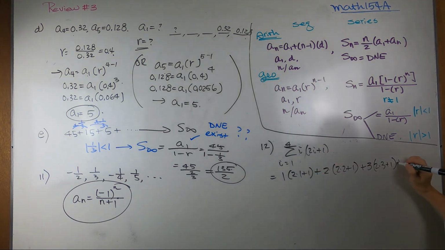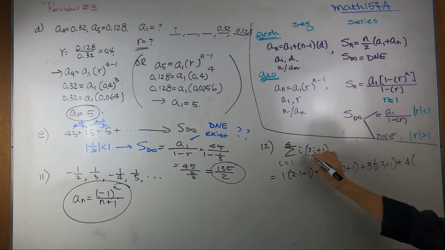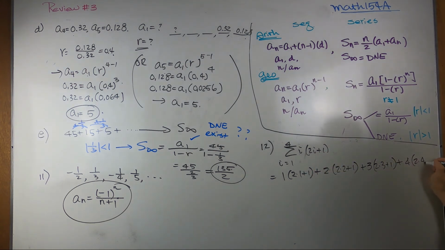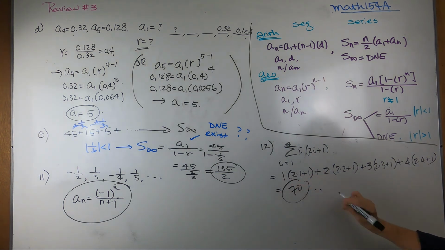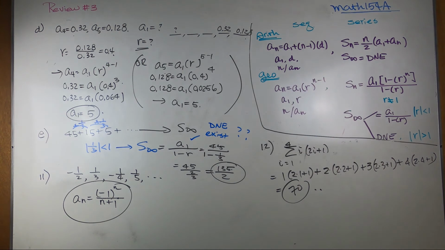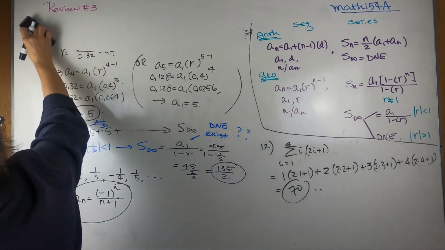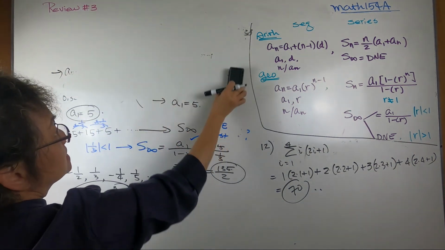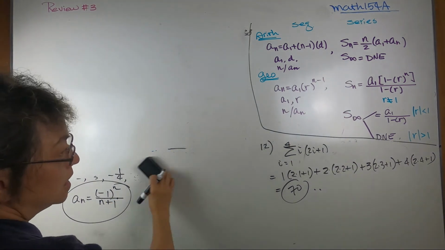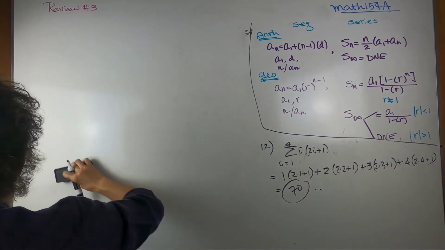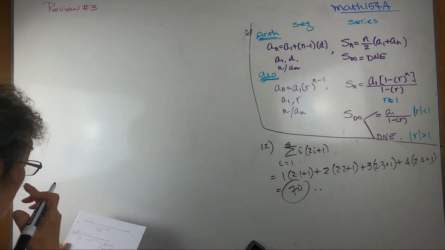When i is 4, it's 4 times 2 times 4 plus 1. You just plug in, then you add them up, and you should get 70. So all we ask you to do is understand these symbols and how to apply them, just plug in, right?